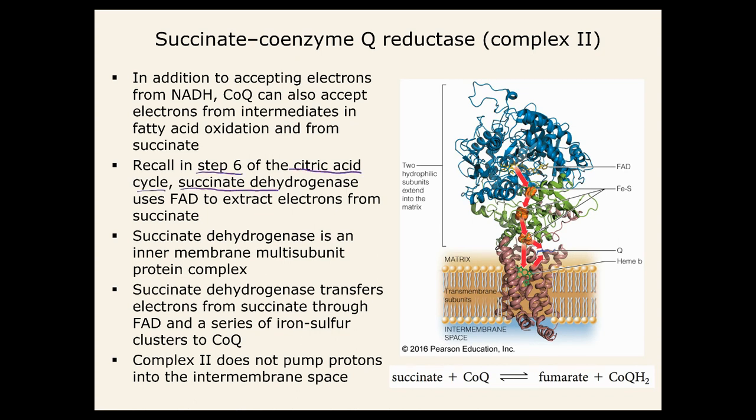Succinate dehydrogenase was one of those enzymes, and it uses FAD to extract electrons from succinate. Then there's a series of redox reactions here as well, ultimately reducing coenzyme Q. There is not a proton pump in this particular complex.